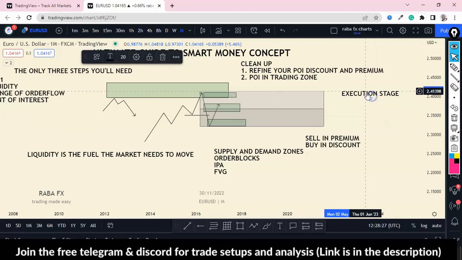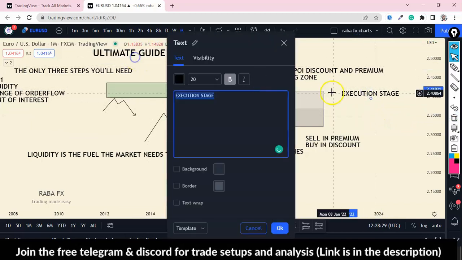And what are you looking for in this stage? Number 1, your entry. Now, this entry could be a risky entry or confirmation. It could be based on confirmation. I will touch on that soon.